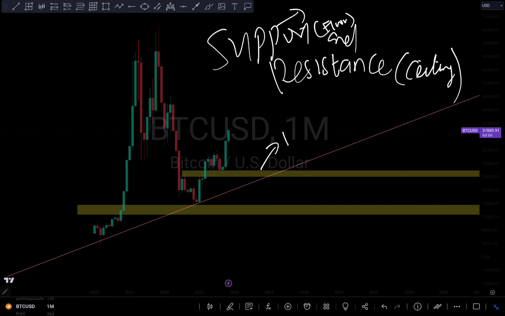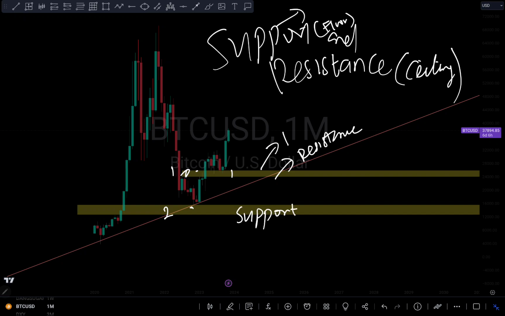We call the support the floor. So if you have two zones, this is the first zone and this is the second zone, which one would be the resistance? The one I call the ceiling, which is up. Anything that is ceiling means up, so this would be the resistance. And anything that is floor means support. This would be the support.